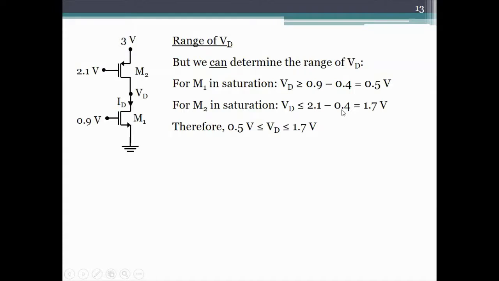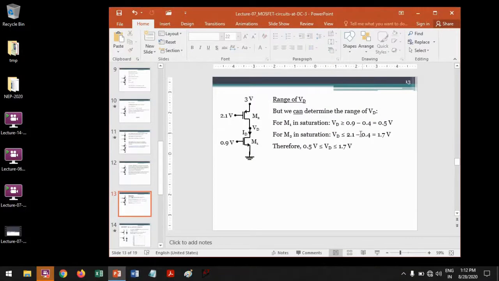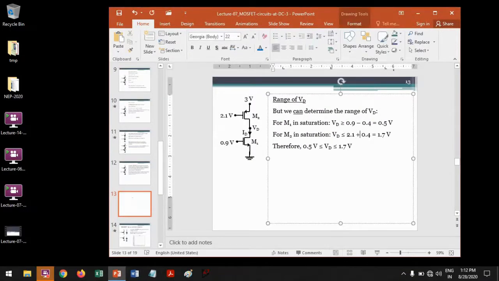I'm sorry, this is not looking correct. Sorry, this is plus. We just saw this is plus for a PMOS, so this is 2.5 volts.